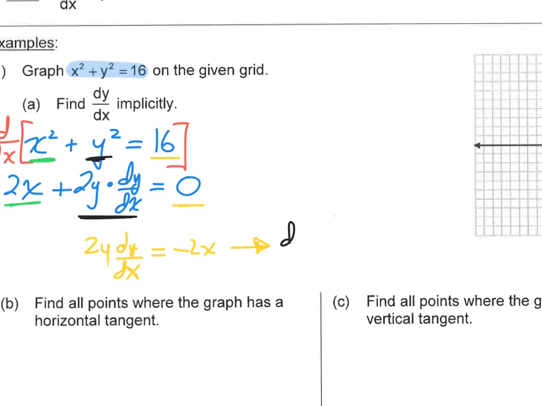Get dy dx all by itself as if it's its own variable. So divide both sides by 2y, and I'm going to be looking at negative x over y.